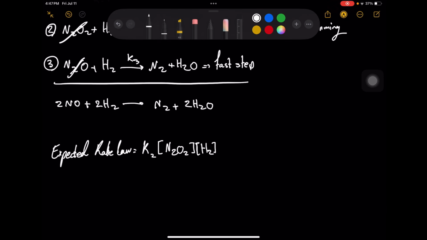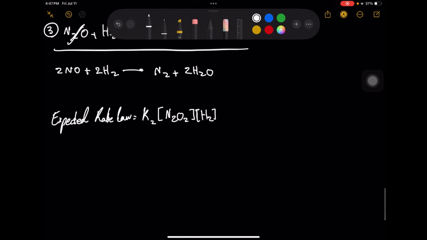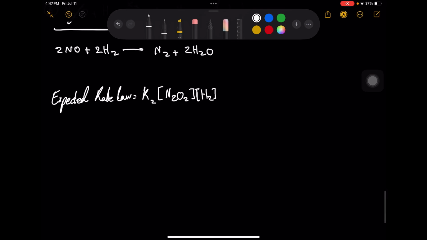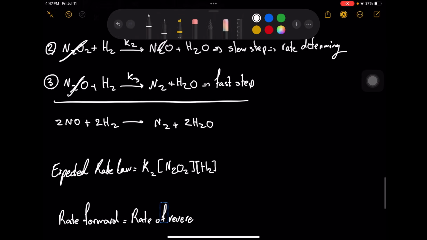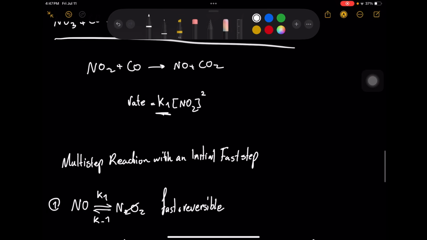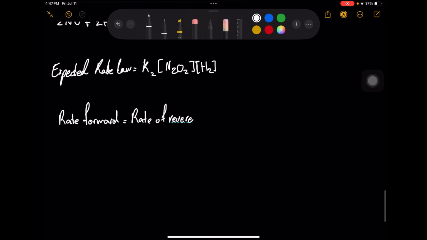So let's try to solve the problem. The first step is reversible, so the rate of the forward reaction equals the rate of the reverse reaction.